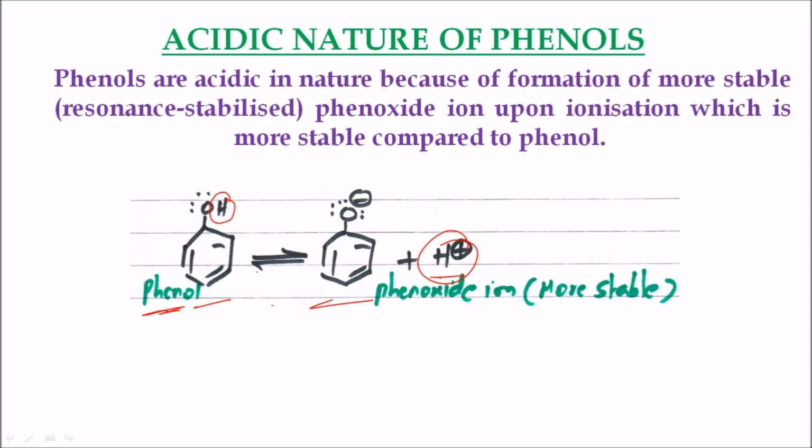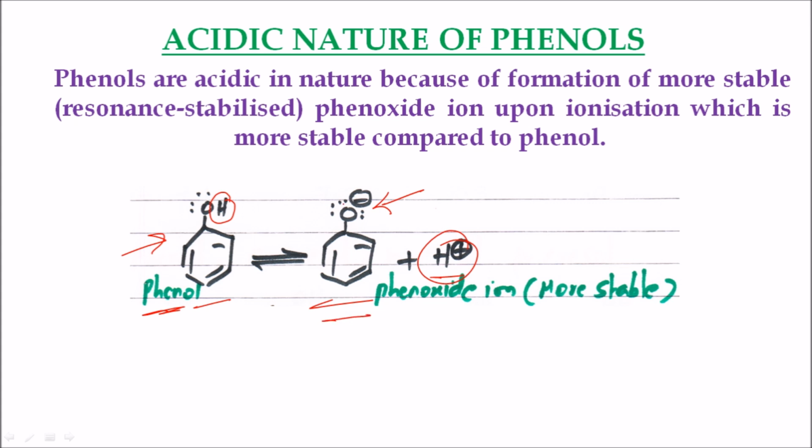We need to confirm that the phenoxide ion formed should be more stable compared to phenol. In other words, phenol is acidic in nature because upon ionization it results in the formation of a more stable ion.